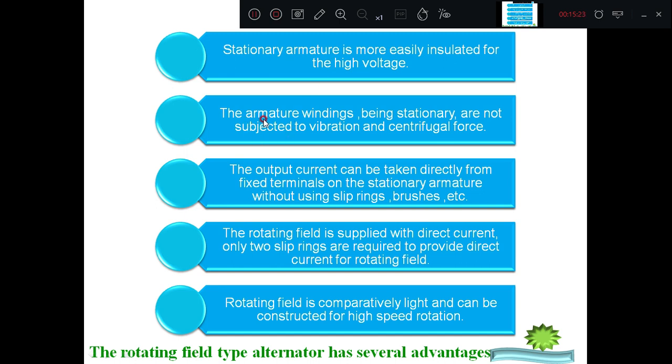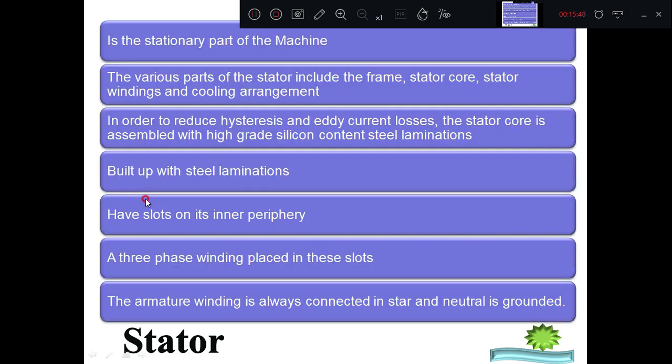The armature windings are not subjected to either mechanical vibration or centrifugal force. The output from the alternator can be tapped directly. For the field system, we need only 2 slip rings, and the field system is very light, and the rotor can be rotated at very high speed to get more electricity. These are the advantages of the rotating magnetic field.